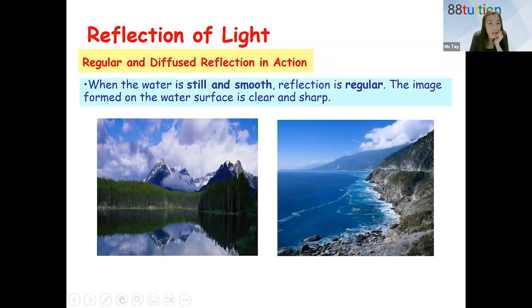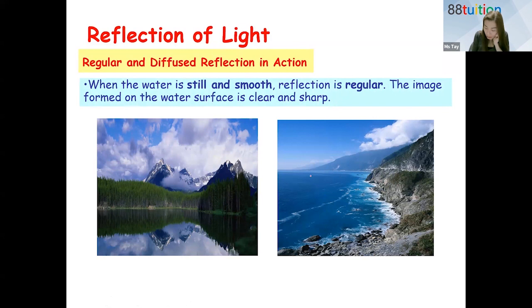If you look at this one, Chloe, you said you have never seen this before. It actually looks like this. Can you see? It's so nice. You can see the reflection of the mountain here. When the surface is not calm, because there are waves over here, you don't see any reflection of the mountain.